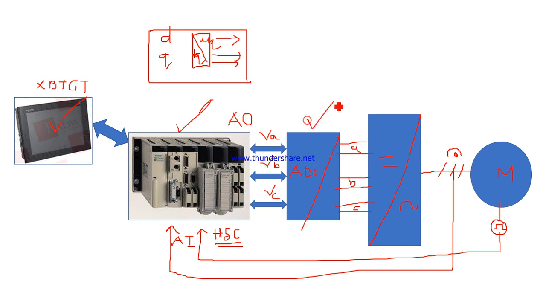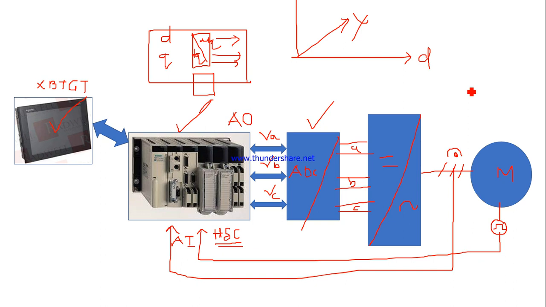This is going here, and here one thing will be there, theta estimation, because in this concept we are aligning the instantaneous rotor flux with the direct axis of the synchronous rotating reference frame.